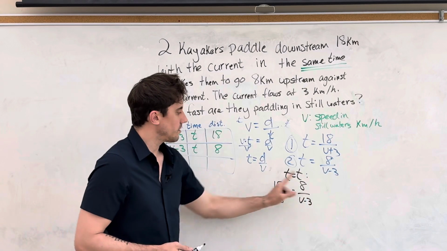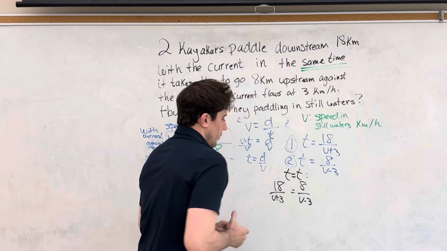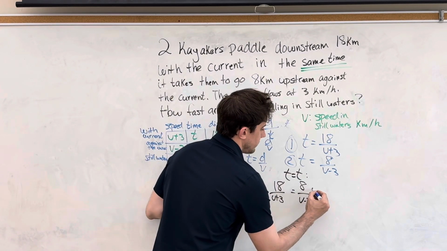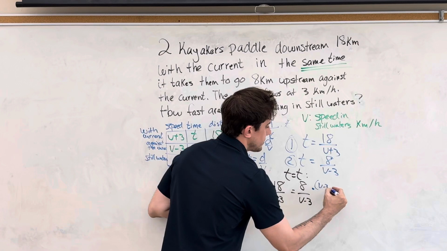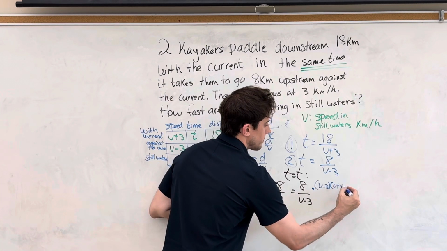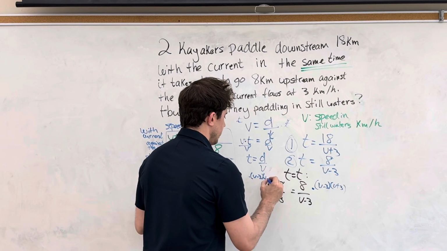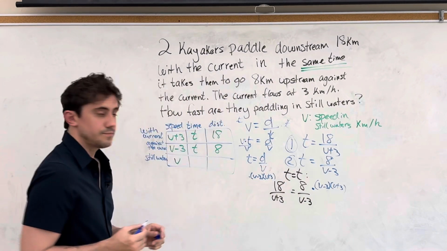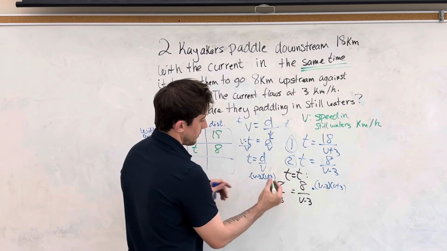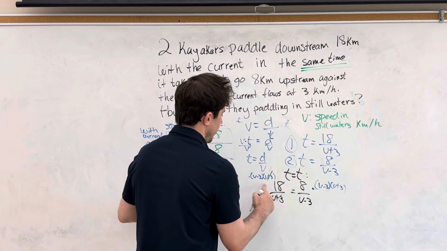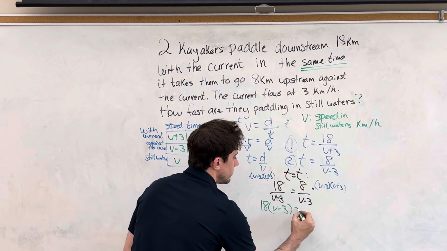And so now we get a rational equation. To solve this, we're going to multiply both sides by both denominators. So I'm going to multiply by v minus 3 times v plus 3, on both sides. On the left-hand side, the v plus 3 factor is going to cancel out, and so we'll have 18 times the factor of v minus 3.